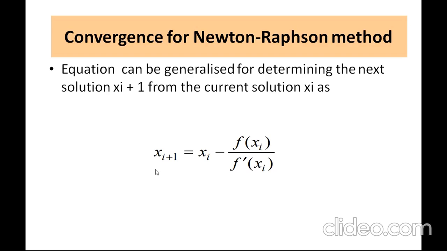So the next solution is given by xi plus 1 is equal to xi minus f of xi upon f dash of xi, where f dash of xi is the first derivative of the function f of x.